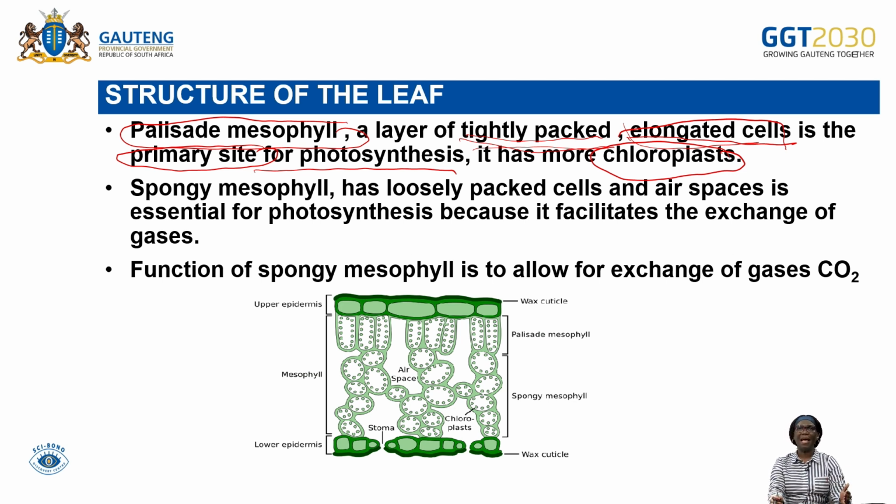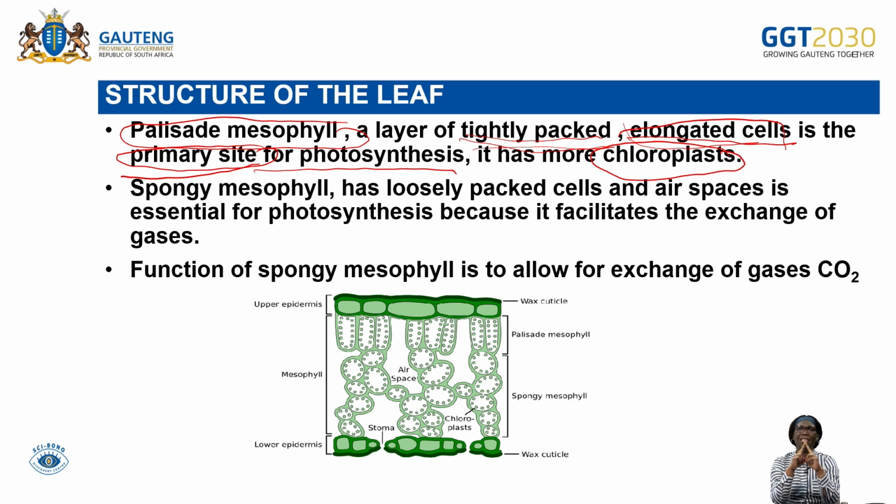Grade 11 learners, why is it said to be the primary site of photosynthesis? Primary site means this is the first site where the process of photosynthesis will take place.